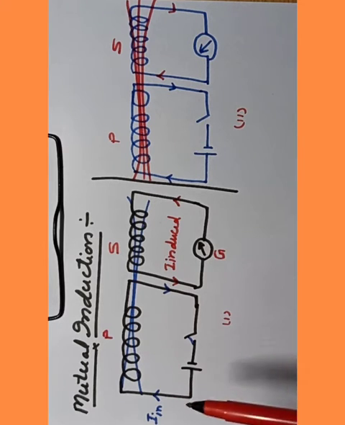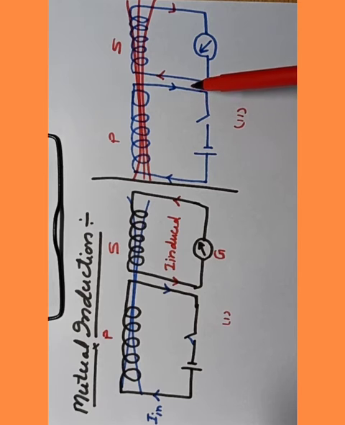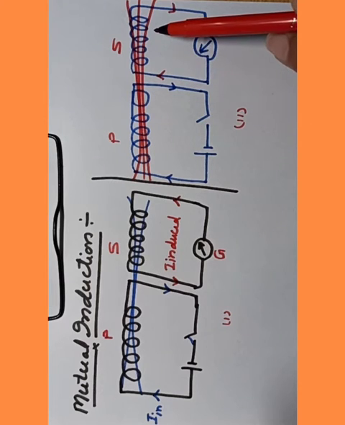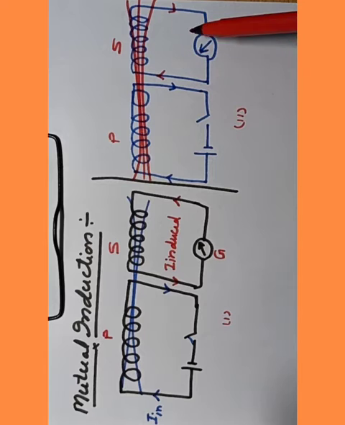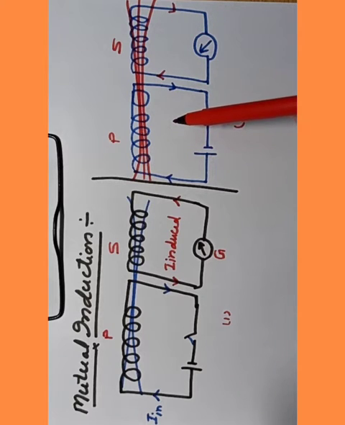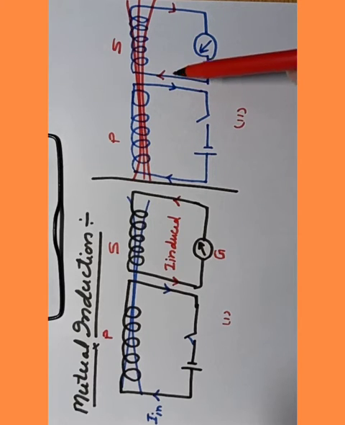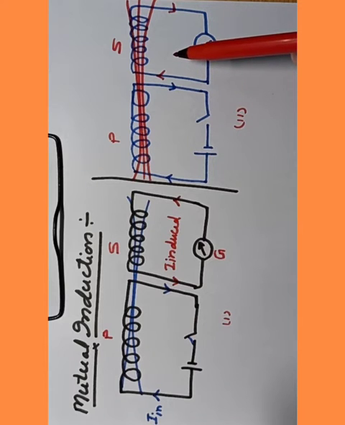In the second one, decreasing value of battery current will decrease the magnetic field of primary and secondary coil and hence the magnetic flux of secondary coil, and this will again produce induced current, but it will oppose the decrease of battery current. Therefore, the direction of induced current will be opposite. Okay, this is what is mutual induction.